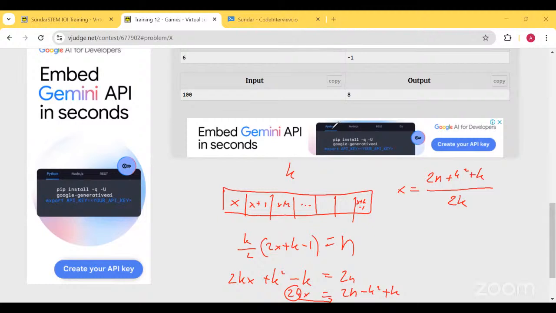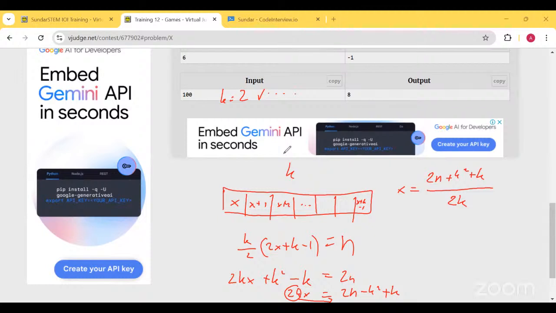Then just check any k one by one from k equal to 2 until some value. Is there any k so that this formula is divisible by 2k? If it is divisible by 2k, then that value can be applied for n.